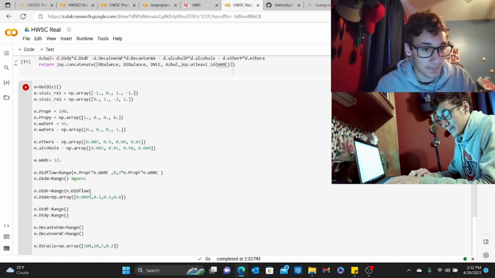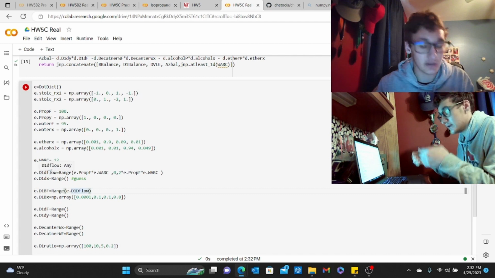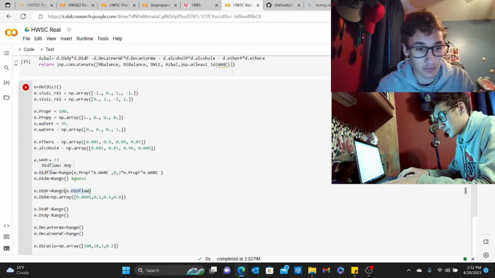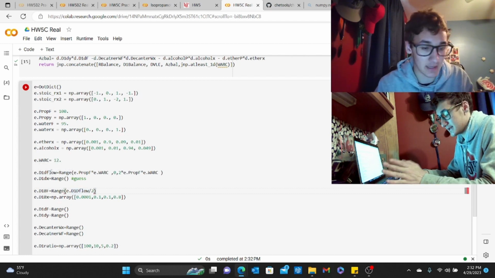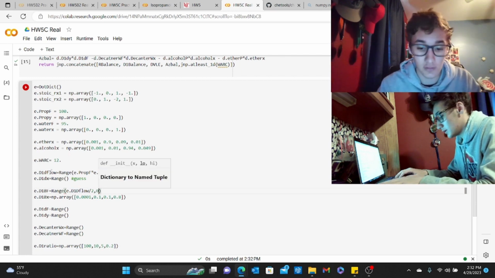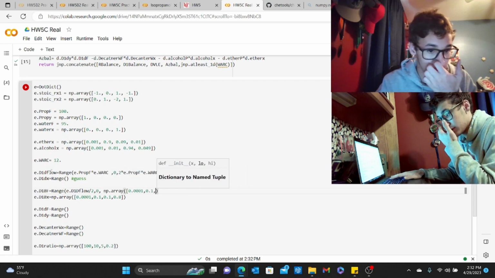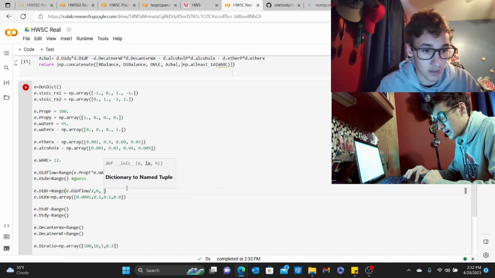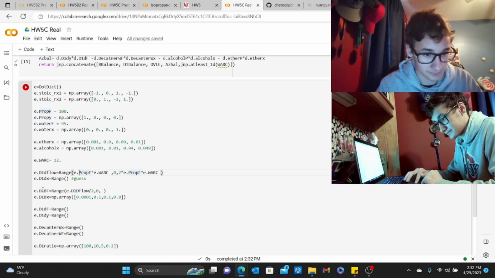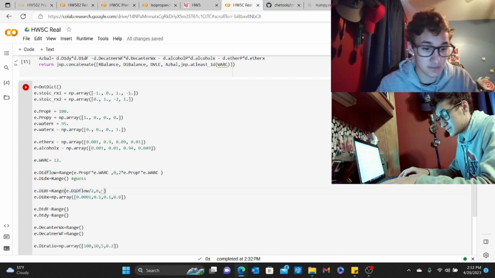We were at D1 flow, as this is what's going to be coming into our distillation column, and we're going to assume this is going to be divided by 2, as that's an easy assumption. Half is going to go down, half is going to go up. And then our high is just going to be this times 2, same as before.